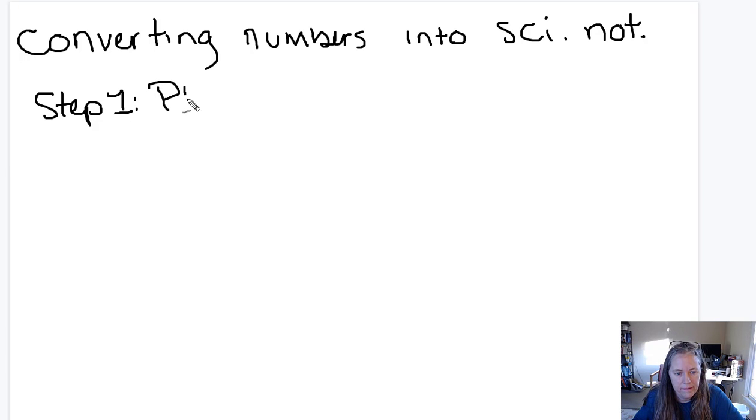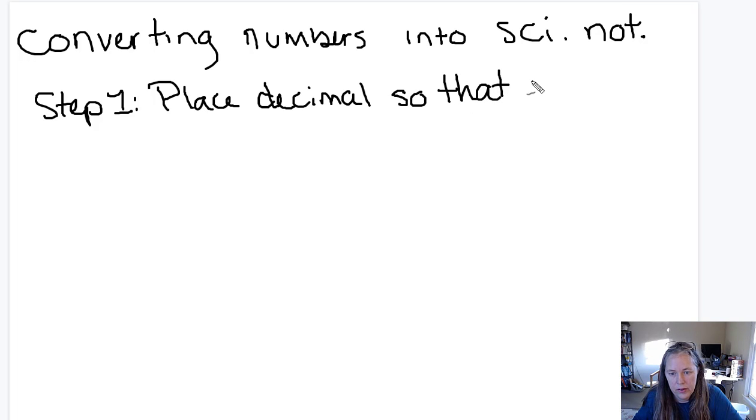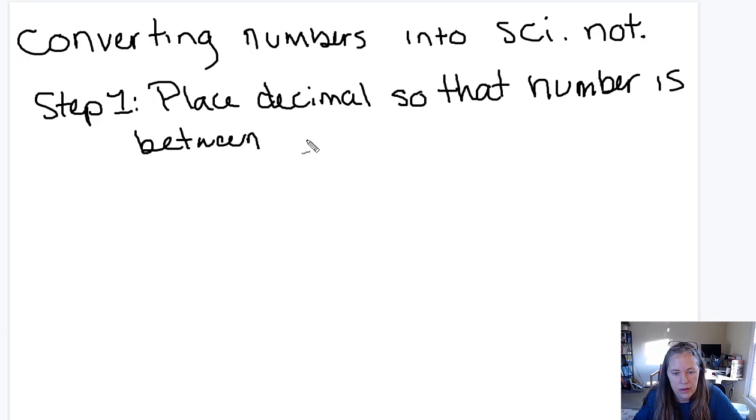Place the decimal so that your number is between 1 and 10.